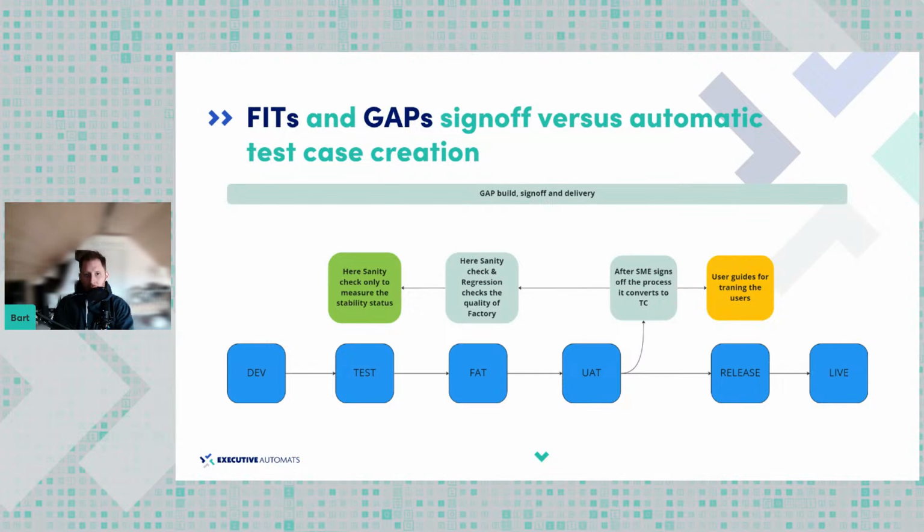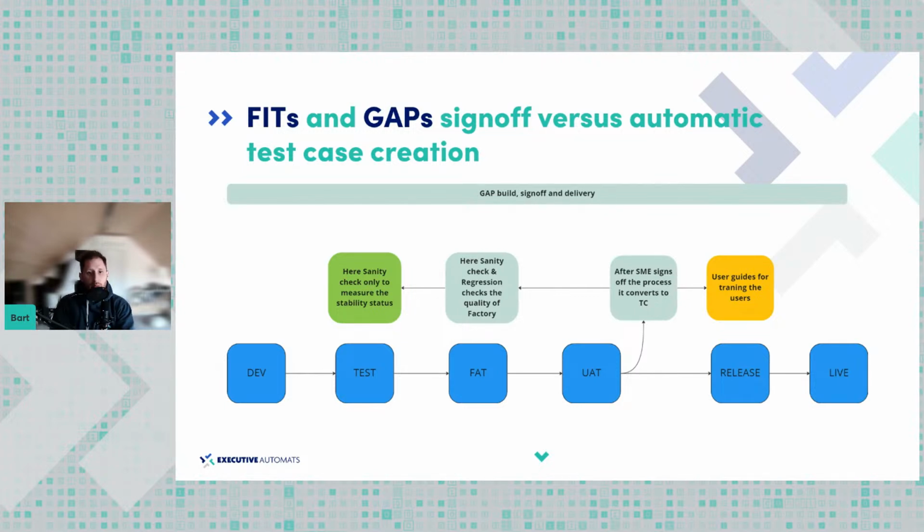multiple other directions. Talking about the gaps, so functionalities which are not covered by the standard of the system, we have to utilize some ISV solutions, or we have to develop some in-house functionalities to cover the gaps. These are more complicated elements because, of course, we can develop them on dev, test them internally, make final factory acceptance tests on our FATs, and say it is ready for UATs.